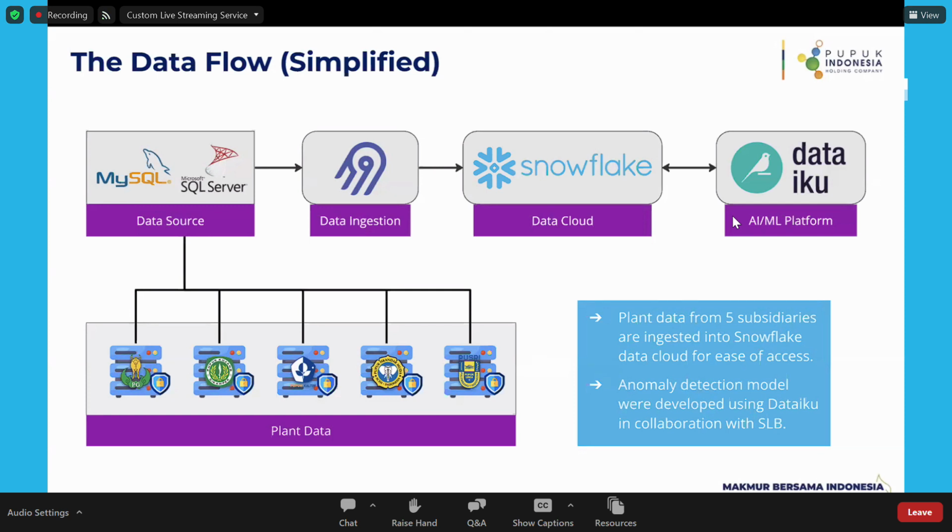We collect the data from 5 different subsidiaries, and the data itself is sensor data and process data from the factory floor. It is collected into RDBMS systems like MySQL and SQL Server, and then we ingest all of this data using Airbyte into the Snowflake data cloud for ease of access.